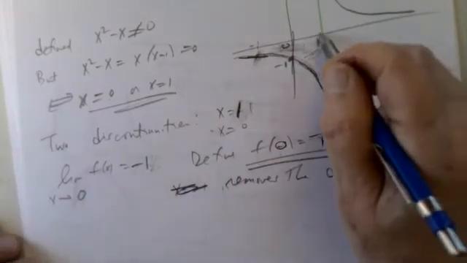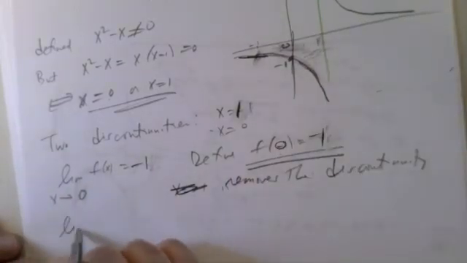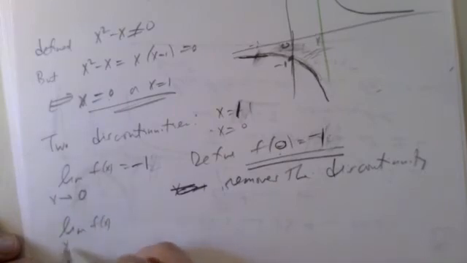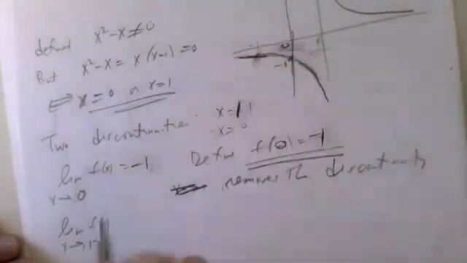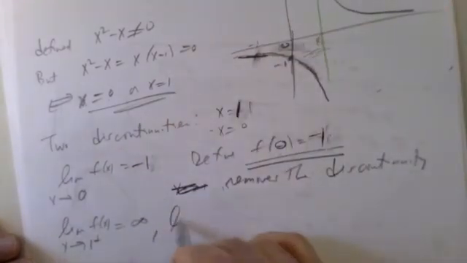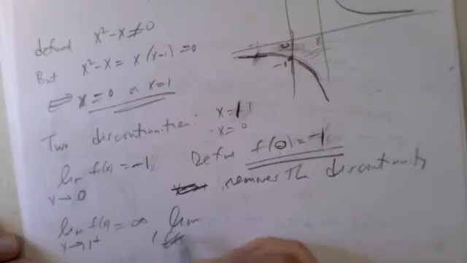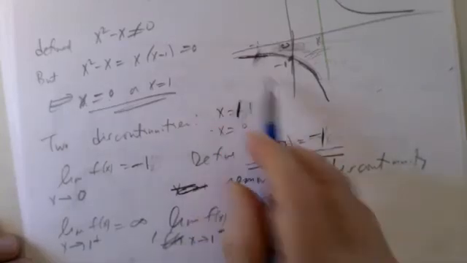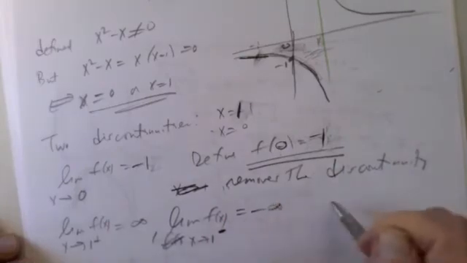But if you look at this function at x equal 1, the limit of f of x as x approaches 1 from the right is shooting up to plus infinity. The limit of f of x as x approaches 1 from the left is shooting down to minus infinity.